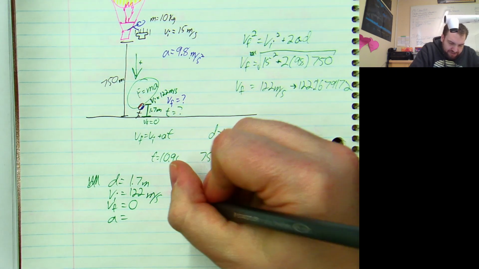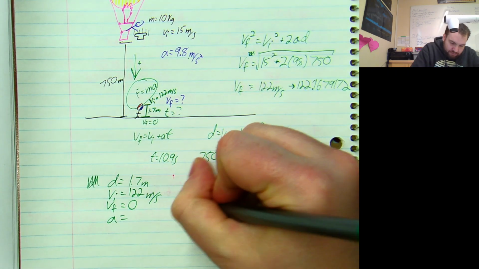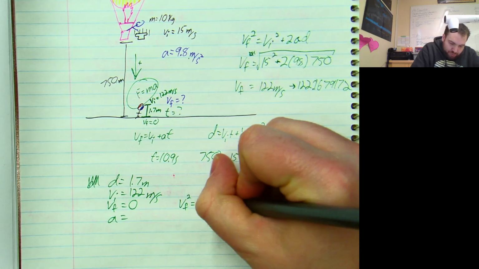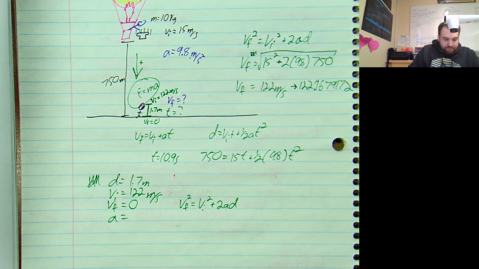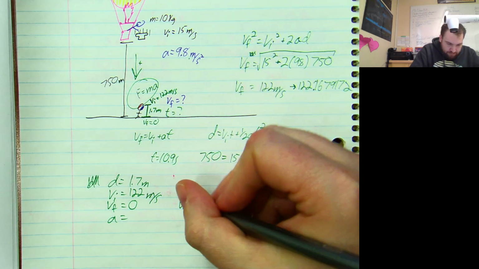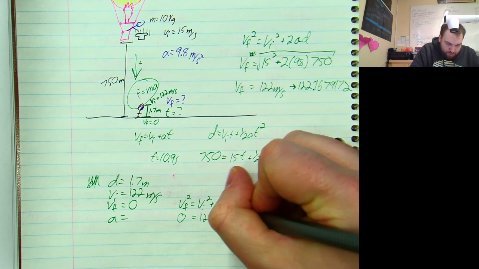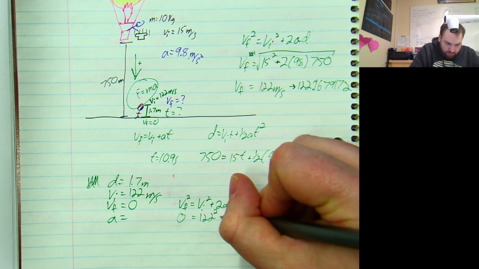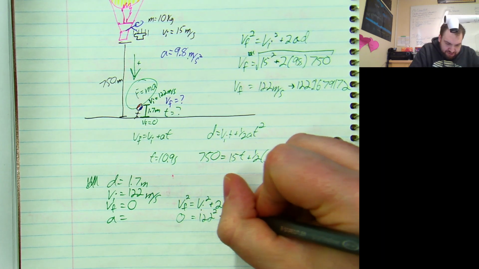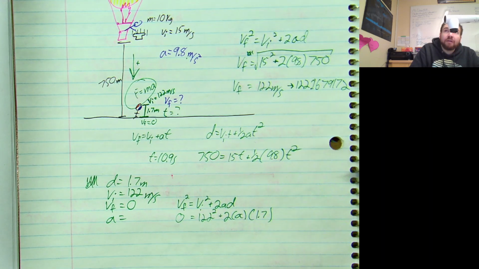Well, I can use the same formula we used up here. Vf squared equals Vi squared plus 2AD. Vf is going to be 0. That's going to be 122 squared plus 2 times A times 1.7.